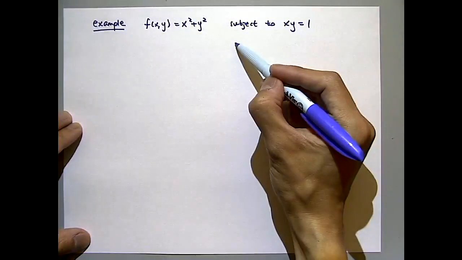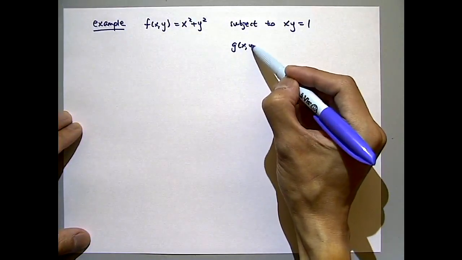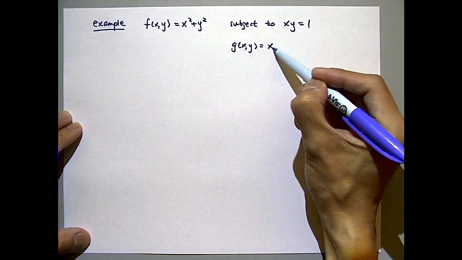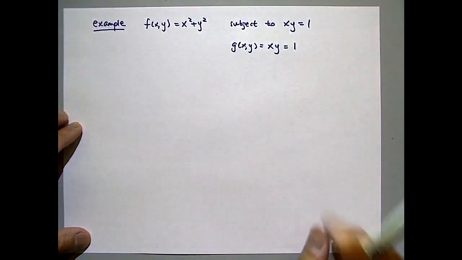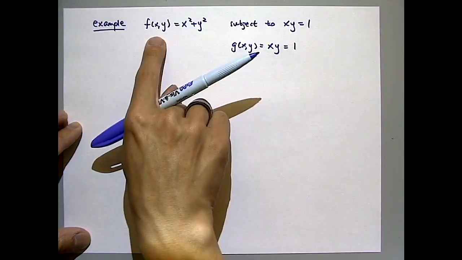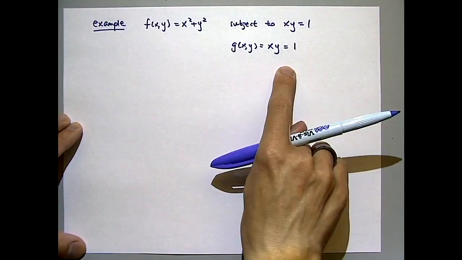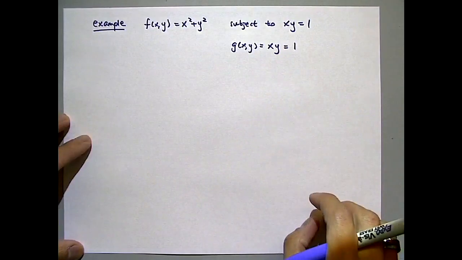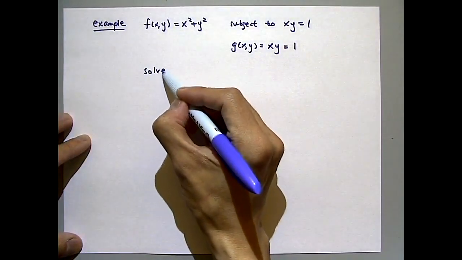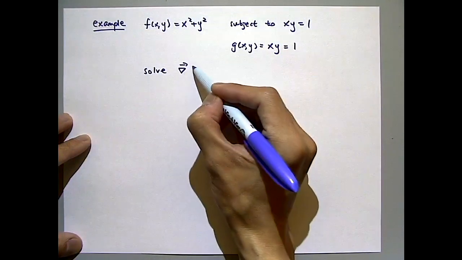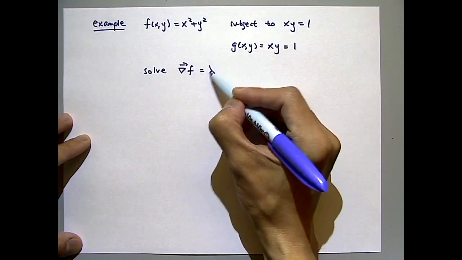All right, so first of all, we're going to define g of xy. That's always our constraint, is equal to xy, which is equal to 1. F is our objective, g is the constraint. Now I want to solve this equation.